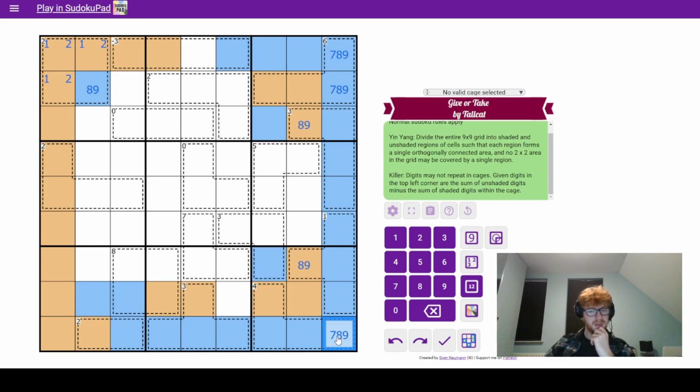So if this is a 7, this is a 1, 2, this is 10. So this is a minimum of 6. Because this is either 10 or more, so this is 6 or more. It is something, but it's not really what I would hope for.